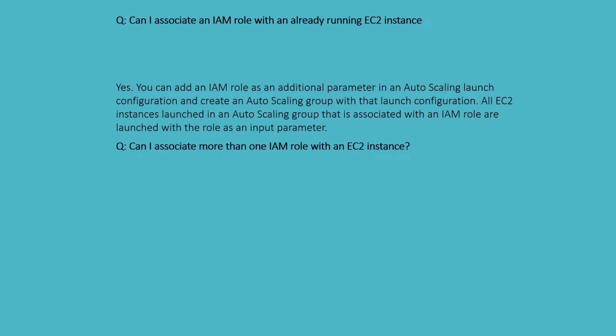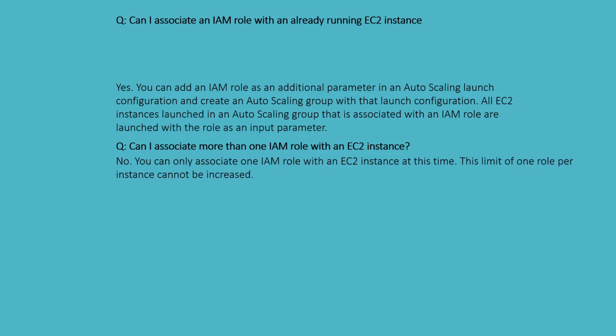Can I associate more than one IAM role with an EC2 instance? No, you can only associate one IAM role with an EC2 instance at a time. This limit of one role per instance cannot be increased.